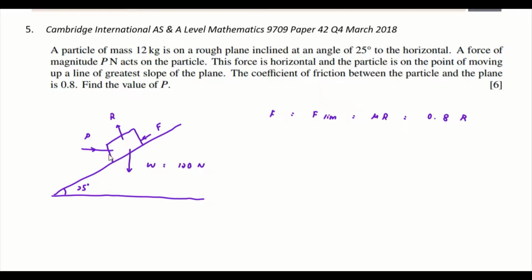For example, if you want to use parallel to the plane, then you have F and R, which means you will need to resolve W and you need to resolve P. If you are doing the vertical one, then you need to resolve R and you need to resolve F. So what we can try to do is see which one allows you to solve it in an easier way.